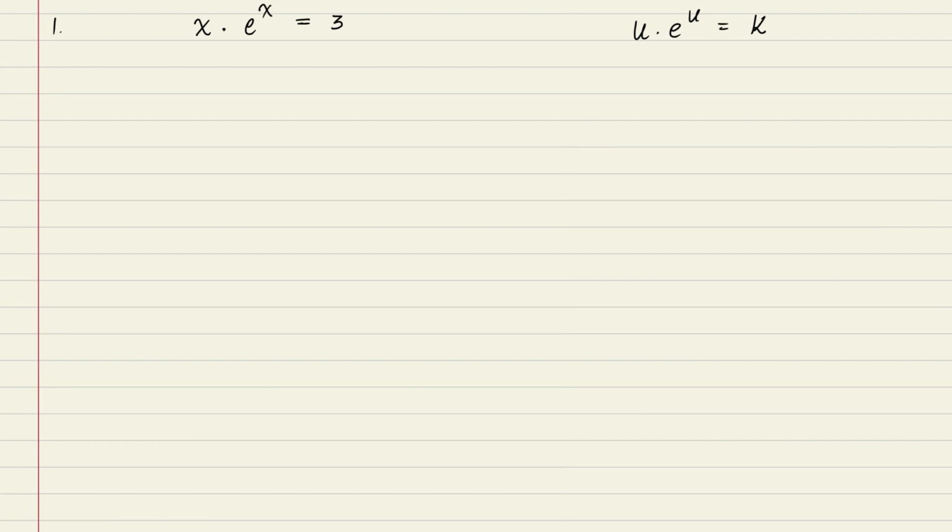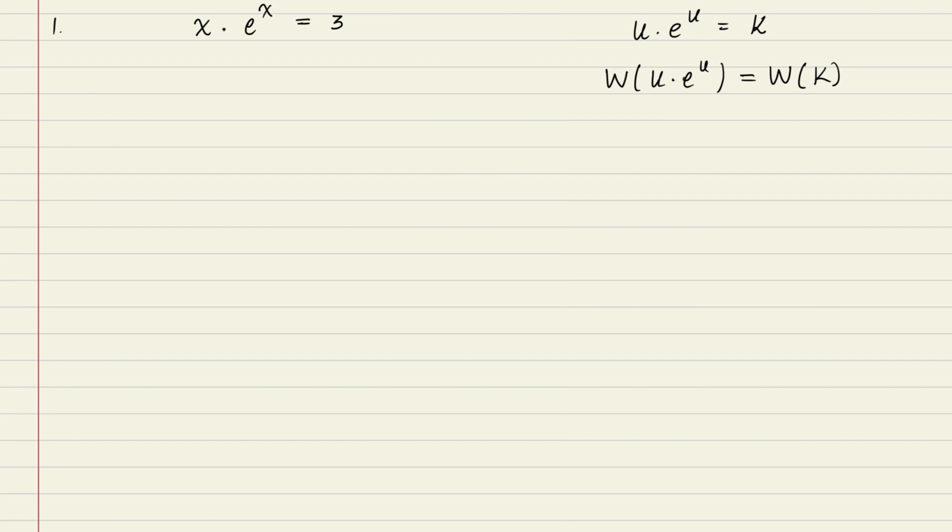The reason we need to do this is because if we then take W of both sides, so W of u multiplied by e to the u equals W of some constant k, we can then solve for x. So this will give me the solution that I want.